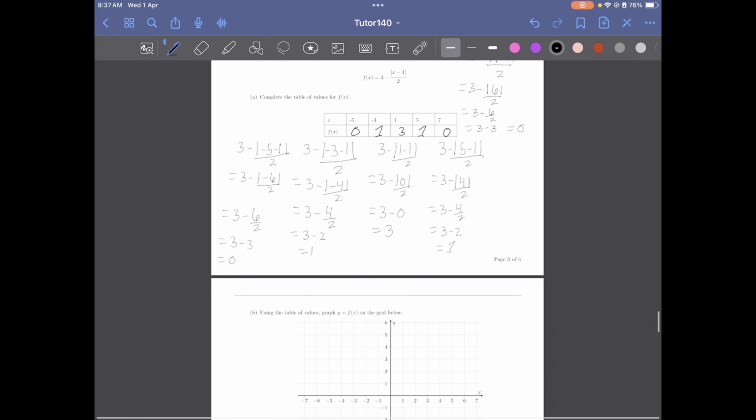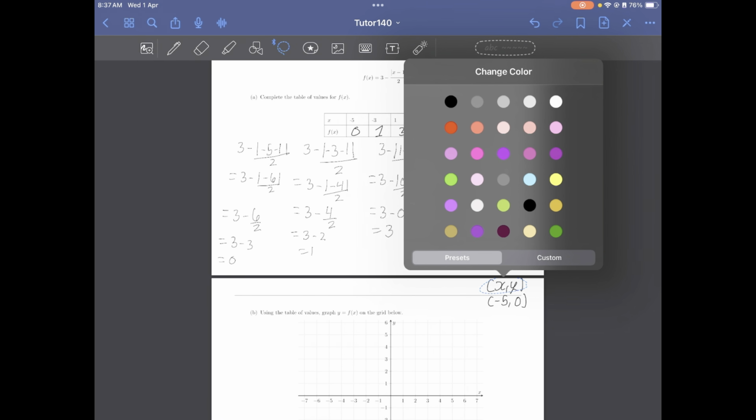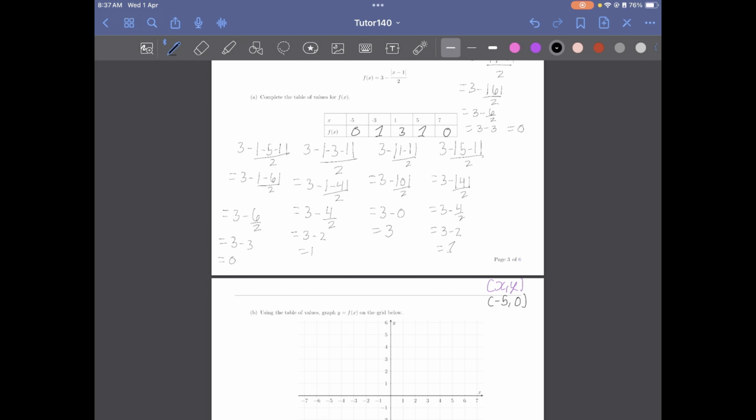We're going to write them like negative 5, 0, because remember x comes first, since it's x, y. Negative 5, 0; negative 3, 1; 1, 3; 5, 1; 7, 0.